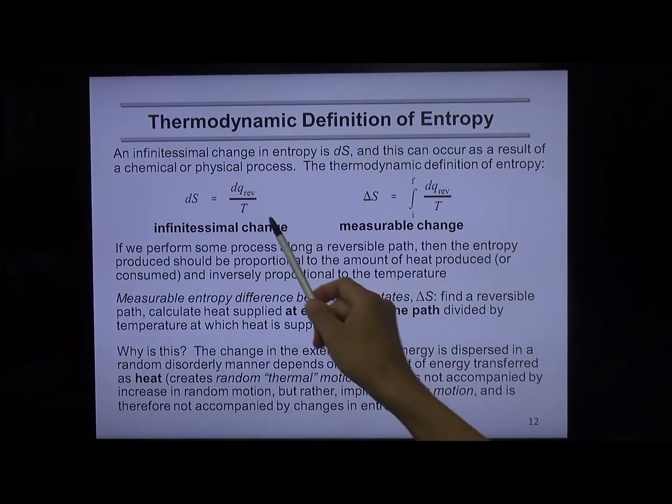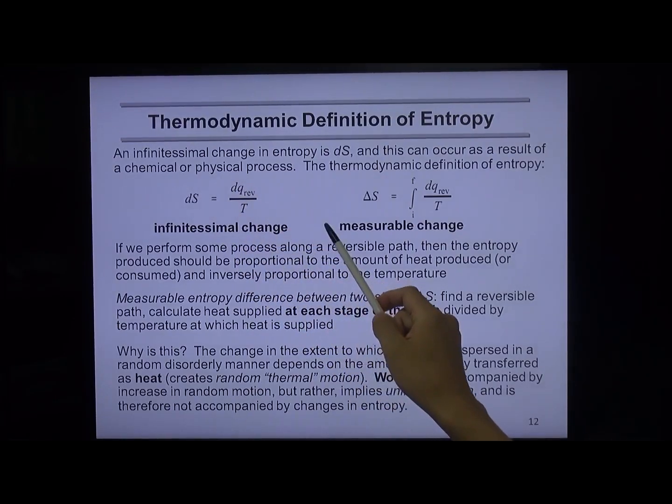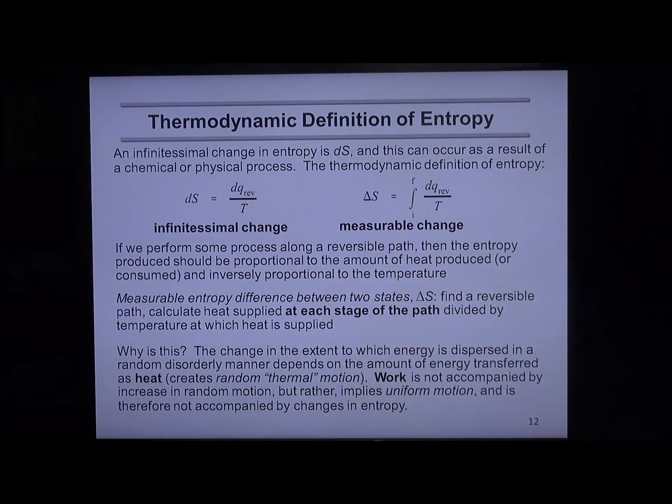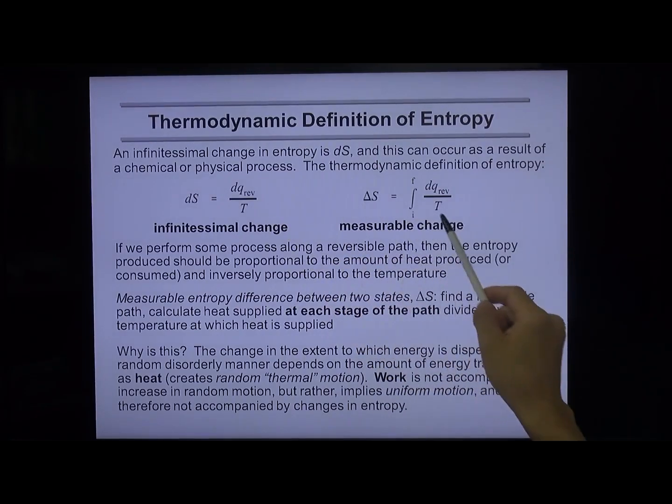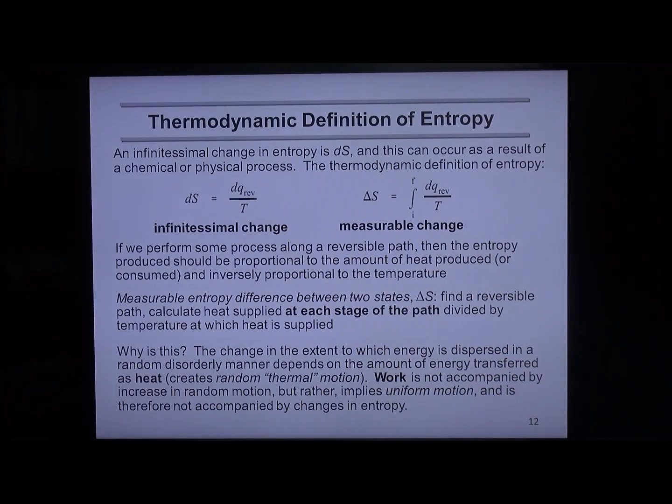So from the definition of entropy, if you want to calculate the measurable change of entropy delta S, you can simply integrate this over initial to final state.